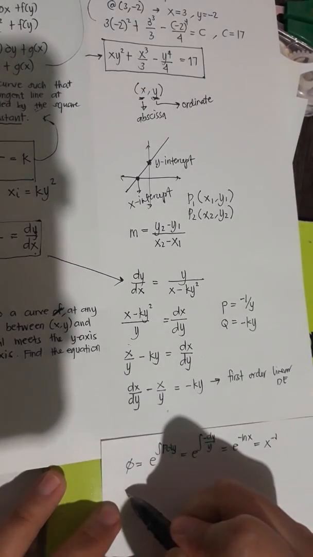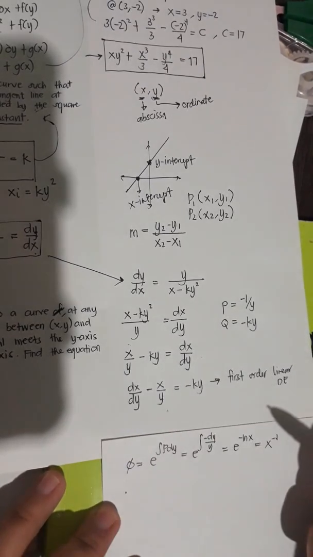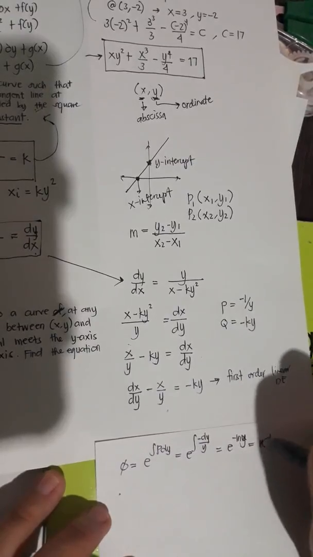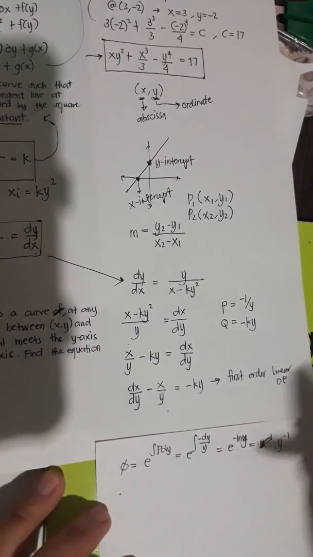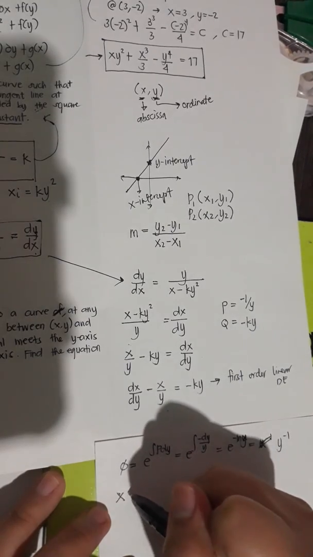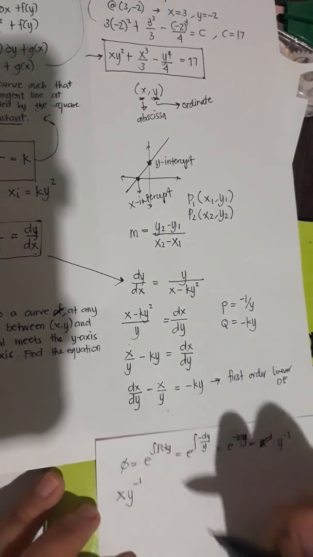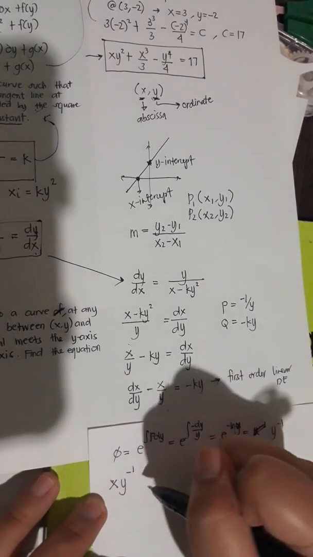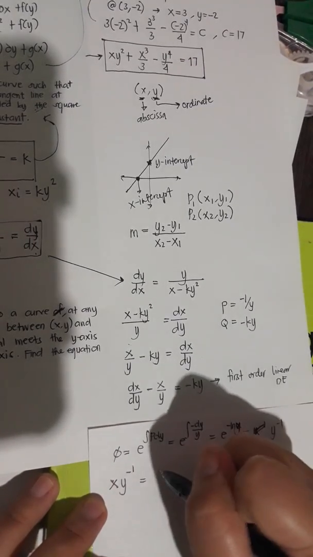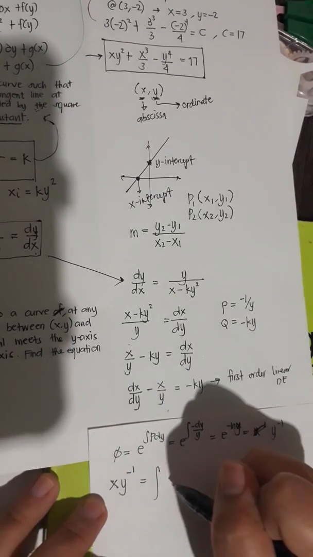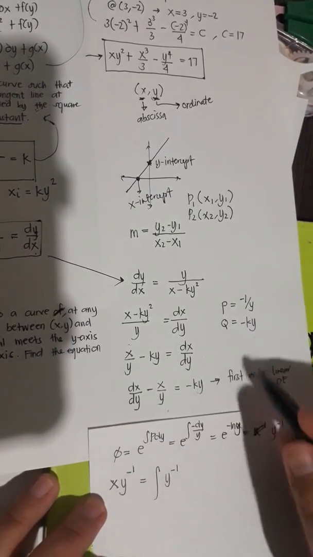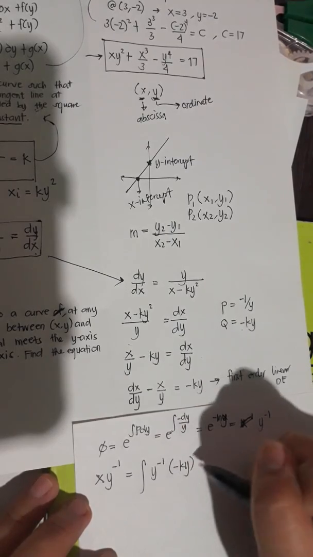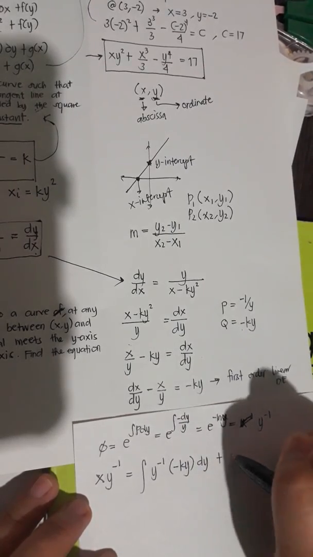So for the solution, we have x times the integrating factor y raised to negative 1 equals... So we are just applying here the first order linear DE method. And that is equal to the integral of the integrating factor y raised to negative 1 and then q, negative ky dy, plus c.